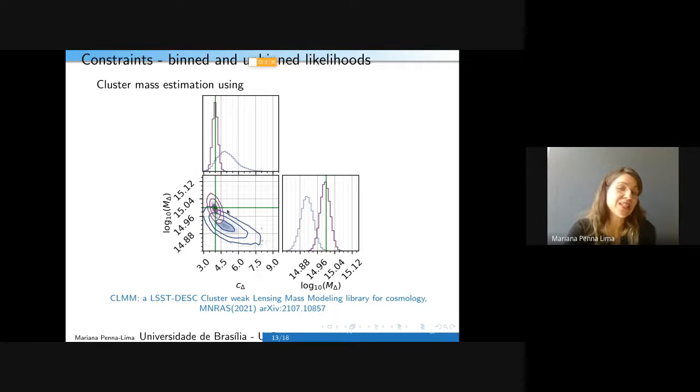Because the unbinned likelihood provides more information, you are able to use all the information of your catalog, let's say. That's why we obtain this difference. Here we are losing some information when you compute means, when you compute things in bins.